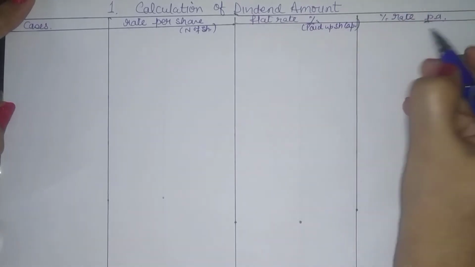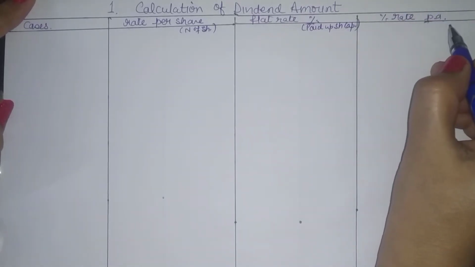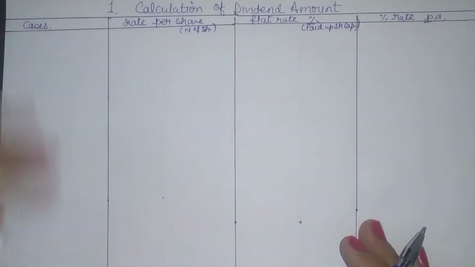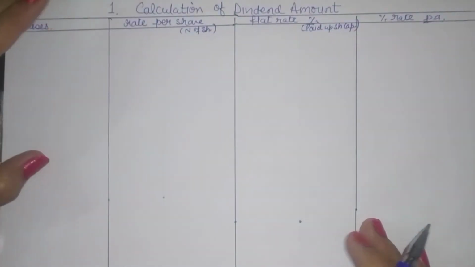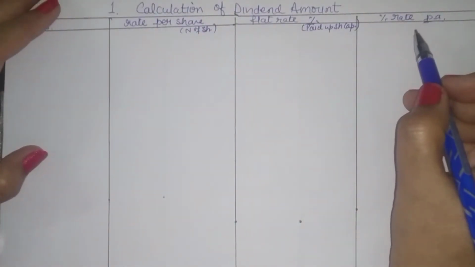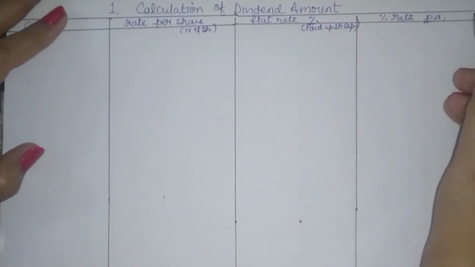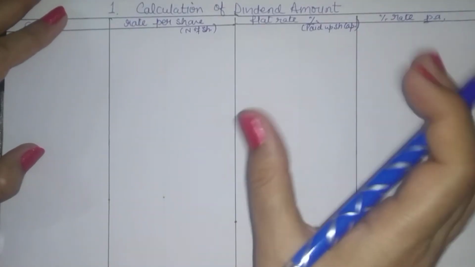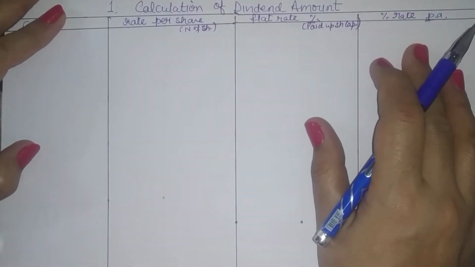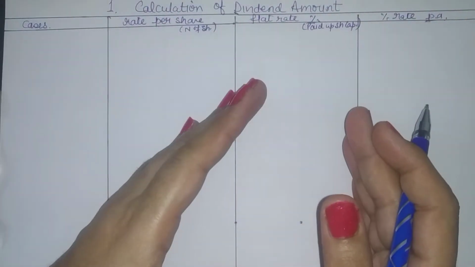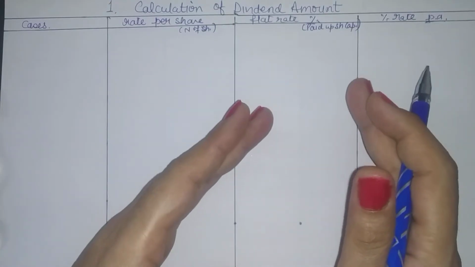Right? Third one is percentage rate per annum. The company is declaring 10% per annum dividend. Now when we say per annum, it means we are talking about time period also. Herein the difference of the two will be evident when we have share capitals being issued at two different times.